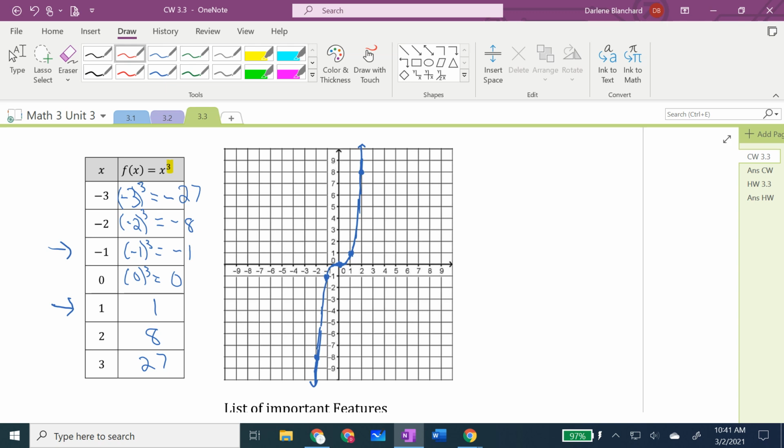So instead of the symmetry we had before with a parabola, we have a reverse symmetry situation, where instead of both sides doing the same thing, one side turned down, and it's a little steeper.